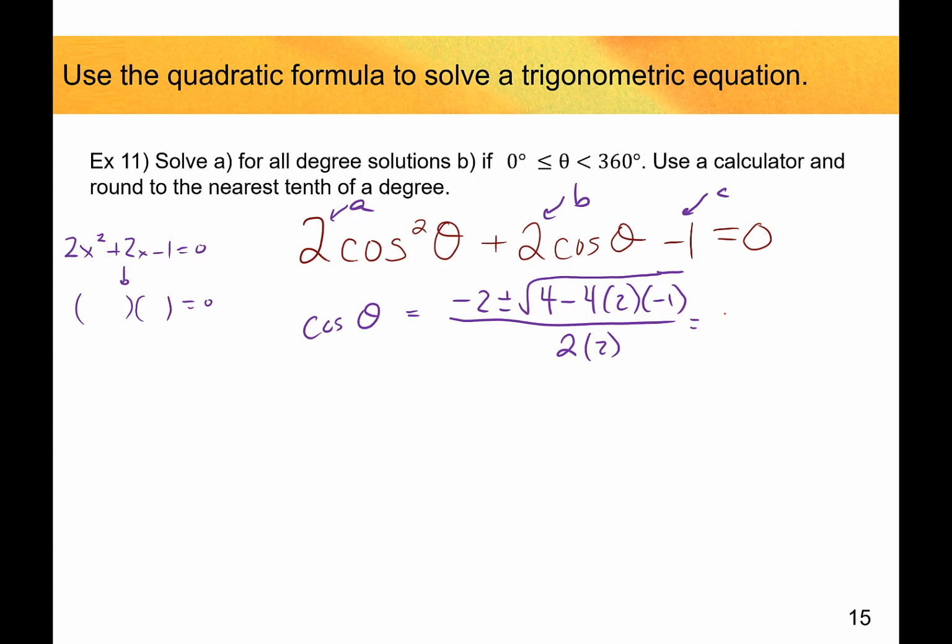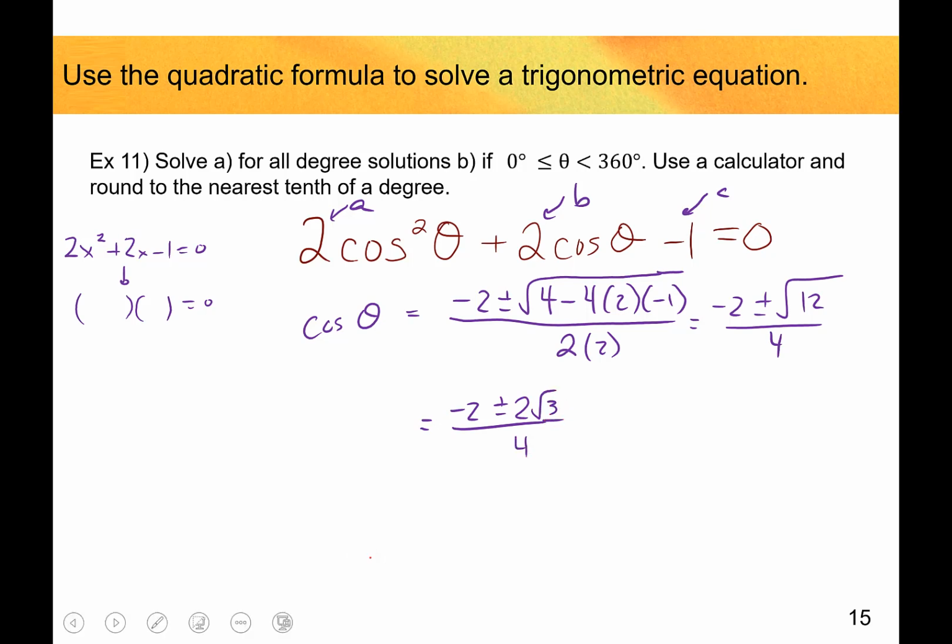Alright, simplifying a bit further. Negative 1 times 2 is negative 2. That's going to be 8. 4 plus 8 is 12. Hey, I've seen this before, I think. And the square root of 12 is the square root of 4 times 3, so that's 2 root 3 over 4.